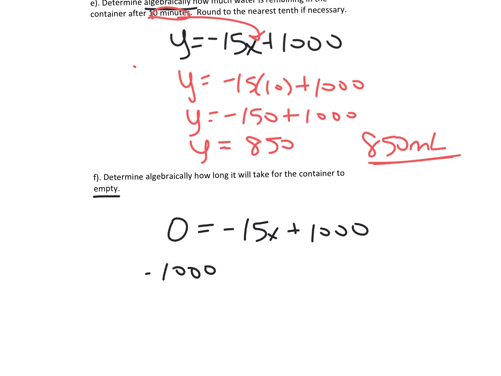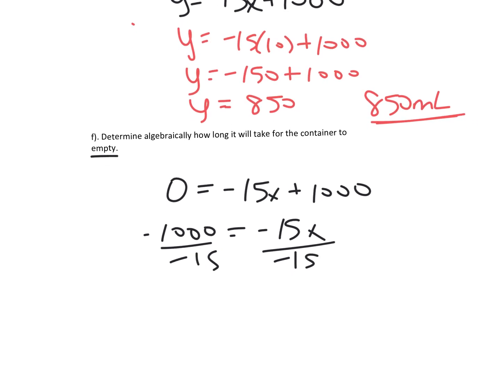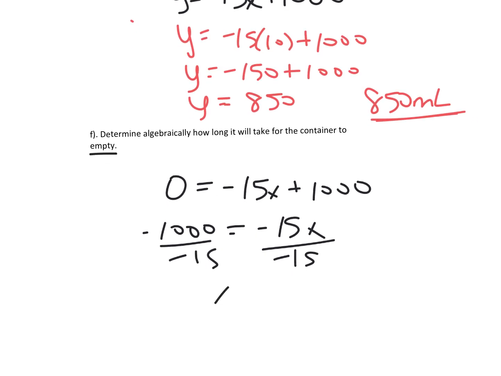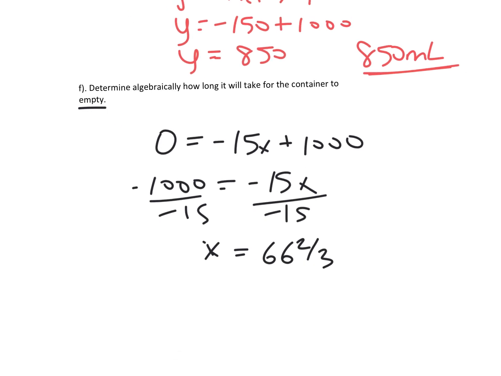So I have negative 1,000 equals negative 15x, or I could have added 15x, divide by negative 15, and you're going to get a decimal, so you're going to get approximately, it's 66.6 repeating, so 66 technically and 2/3, but I will say it takes approximately 67 minutes. I should have said to round, to empty.